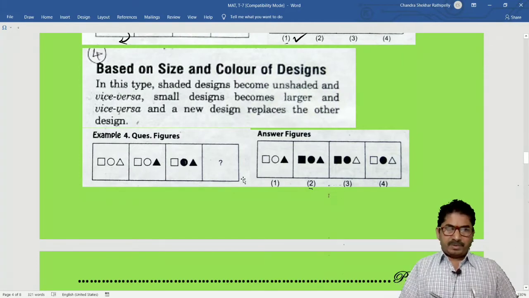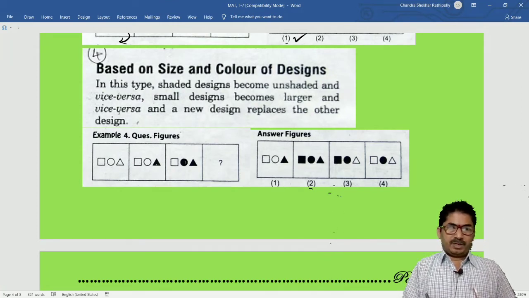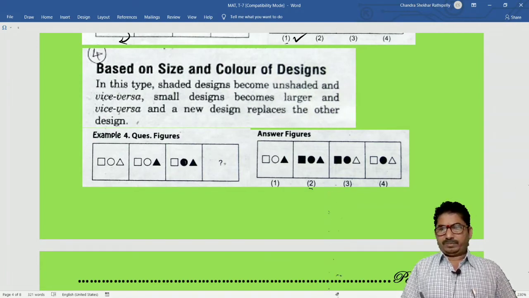But here the color changes, size same. In the second figure one triangle is shaded, in the third figure two figures are shaded, triangle and circle. In the fourth figure these three are shaded. So option 2 is correct.